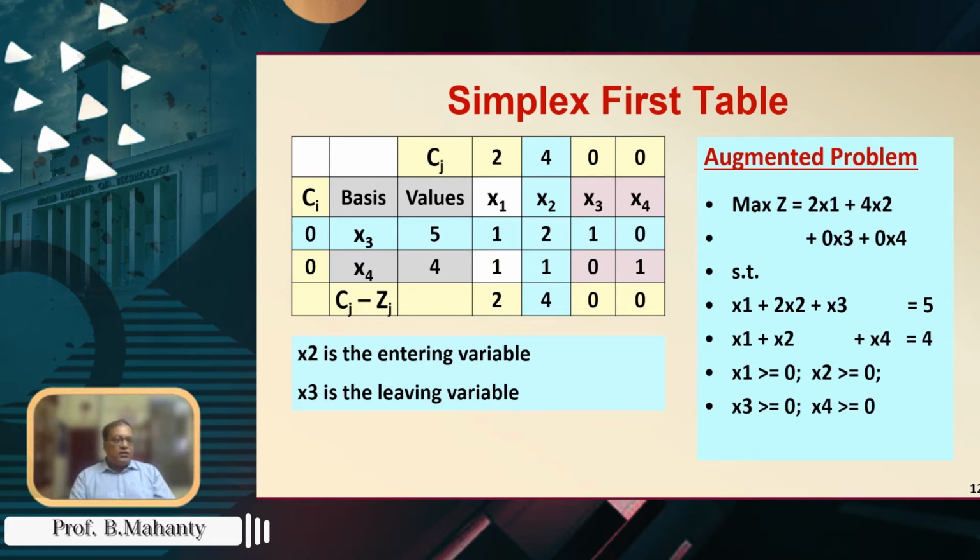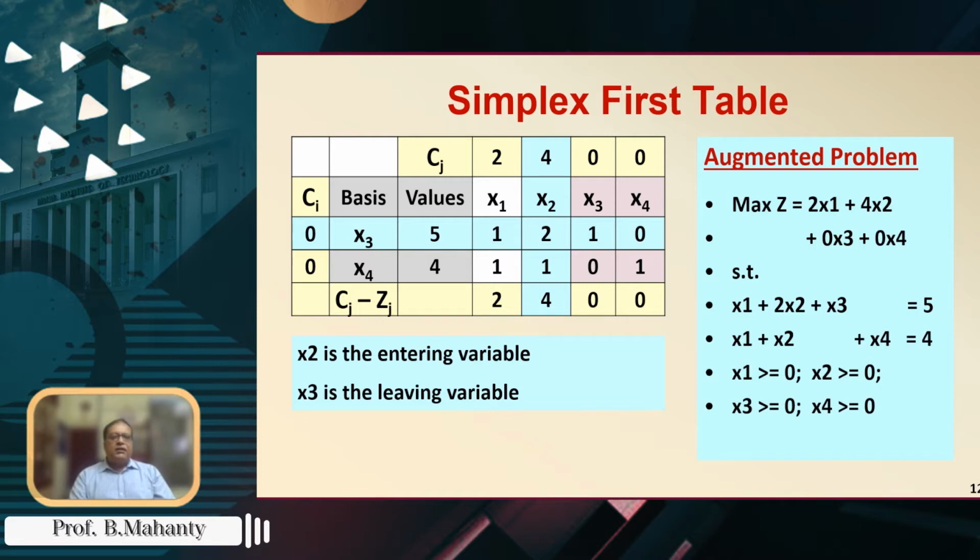Which is the bottleneck resource? For x3 and x4, 5 by 2 and 4 by 1. Since 5 by 2 is less, x3 becomes the bottleneck resource and x3 would be leaving the basis. So x3 is the leaving variable, x2 is the entering variable in the basis. That is the simplex first table.